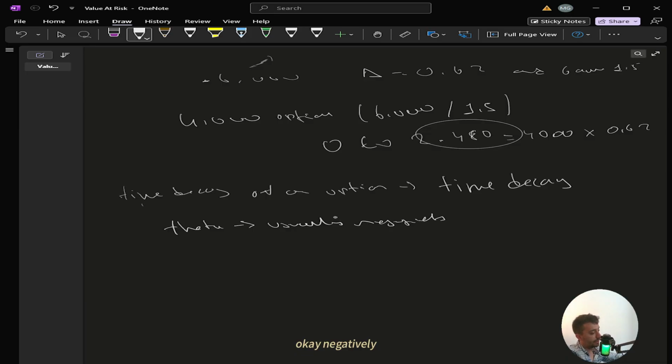Usually it increases in absolute value as expiration approaches. All right, know it. And we have the theta formula here.